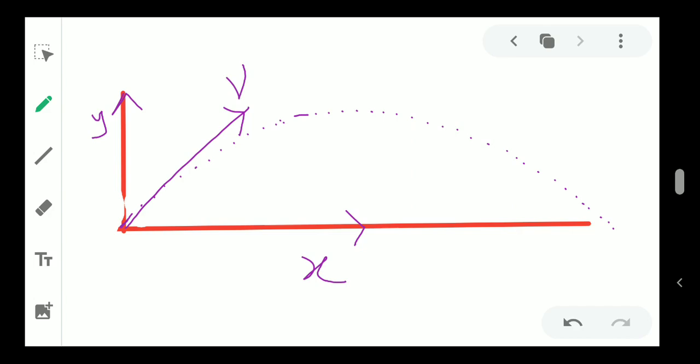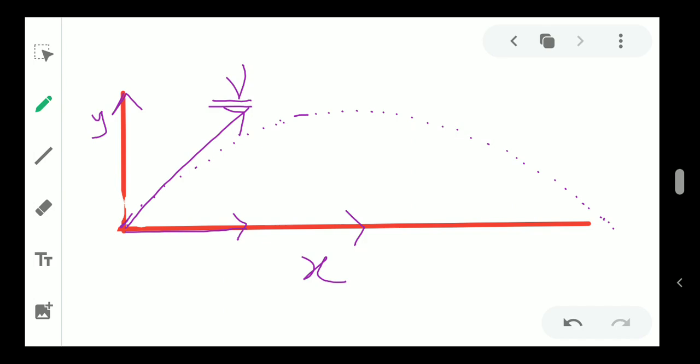We take the portion of this v vector, with which we are launching the missile, along horizontal and along vertical. That means how much of this velocity vector is working along the horizontal axis, and how much along the vertical axis. That means how much is responsible to pull the missile vertically, and how much horizontally, from this place to this place.